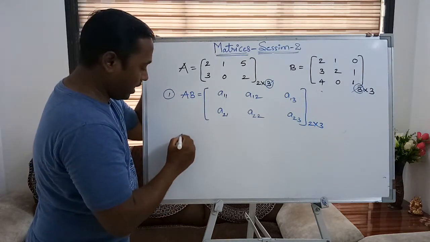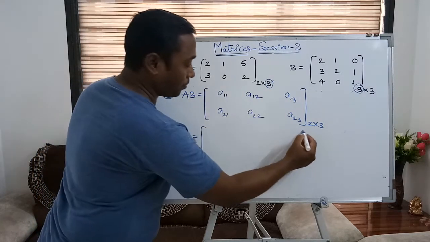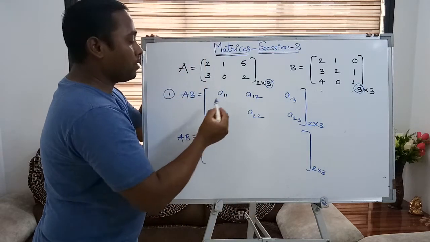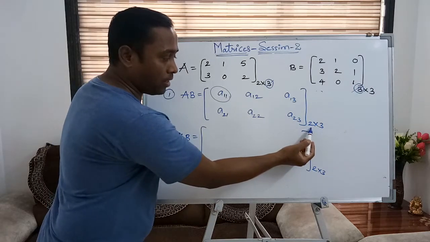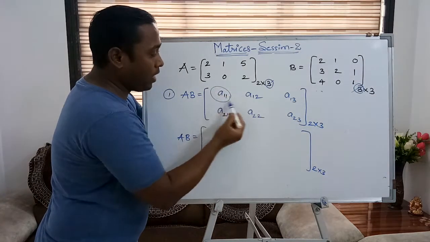Now, how can I get the answer? AB is equal to, right? AB means, how can I get this value? You know the order of the resultant matrix, you know how many entries there would be. How can I get this?